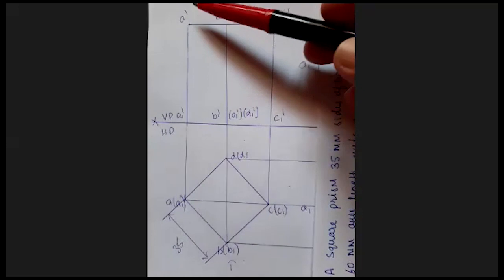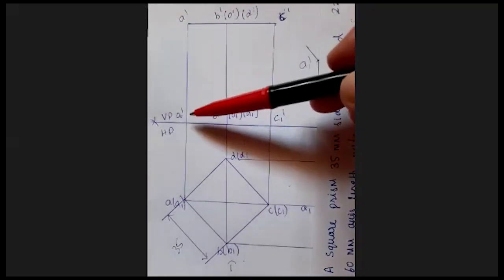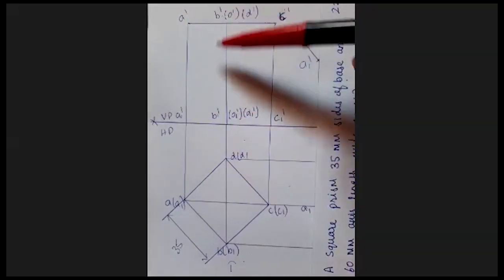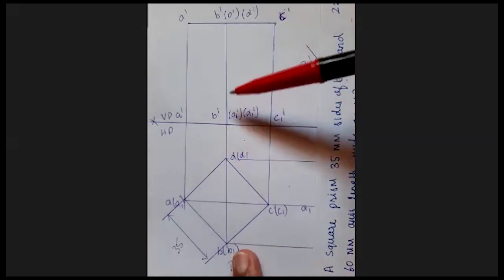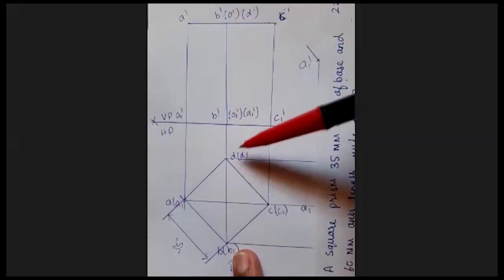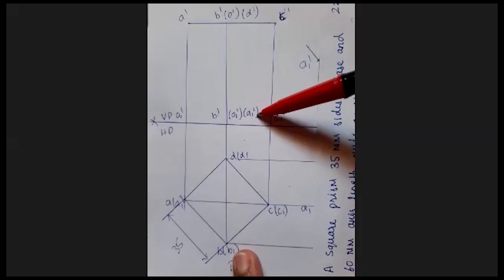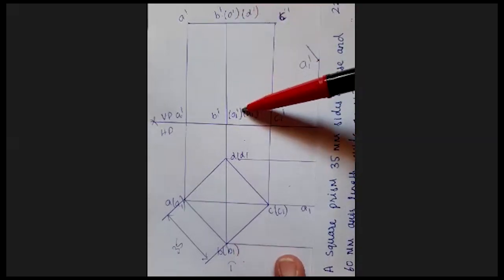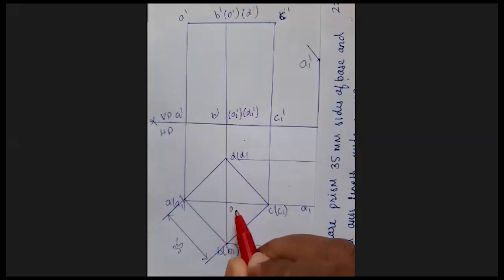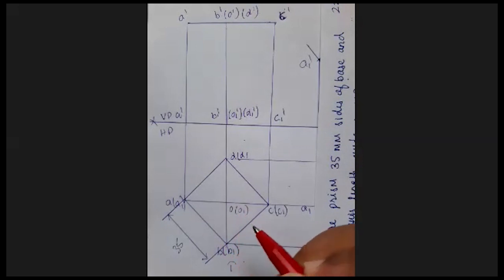Similarly, here it is A1, B1 dash, and C1 dash, all outside the bracket, and inside the bracket I have D1 dash as well as D dash. So here I have O dash, this will be O1 dash. The same thing when I note down here, it is O and O1 within the bracket.